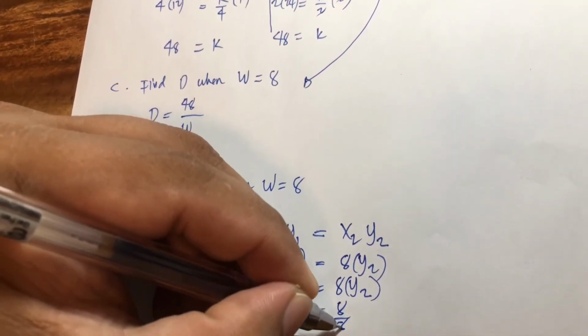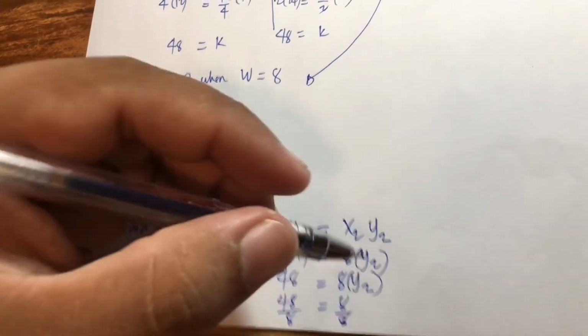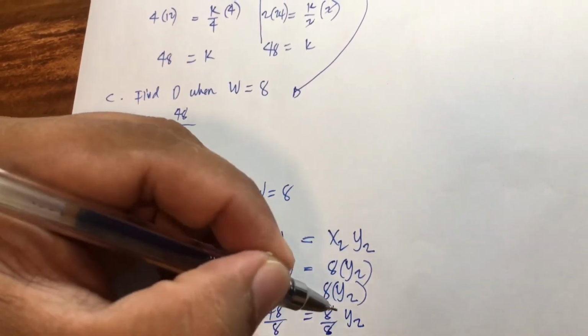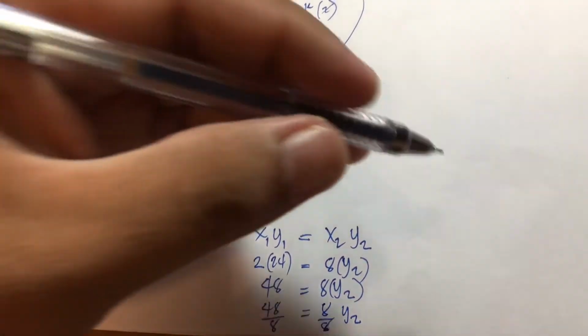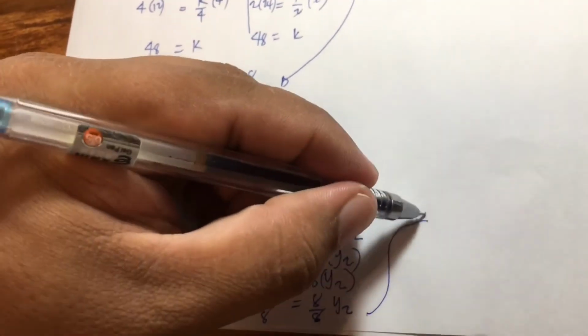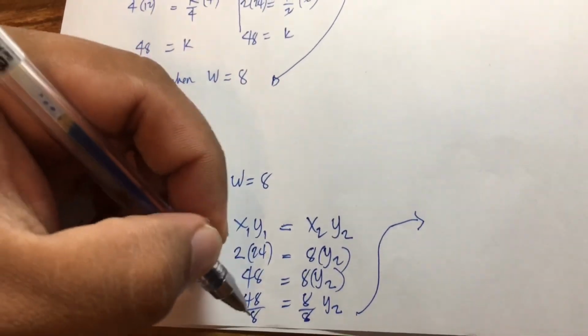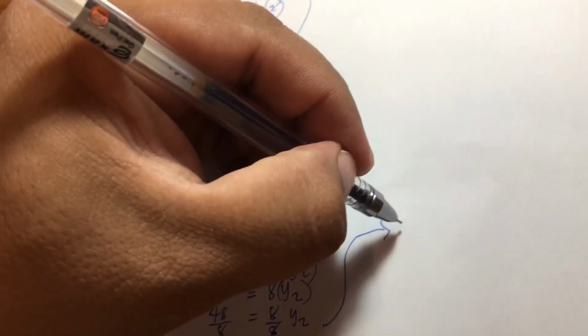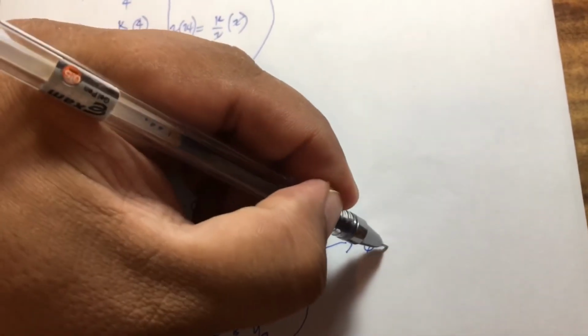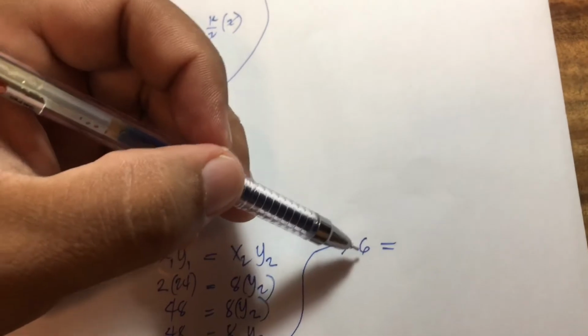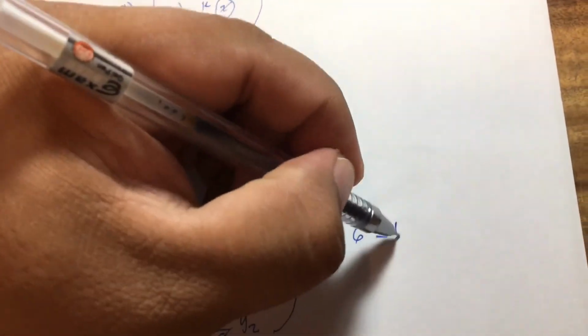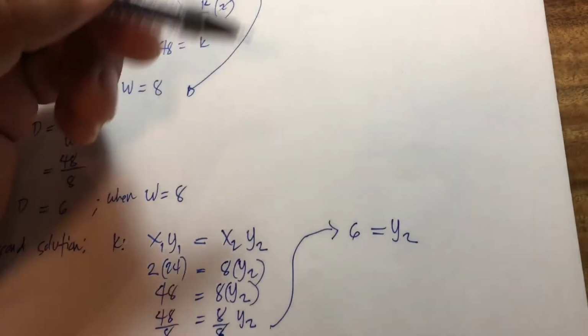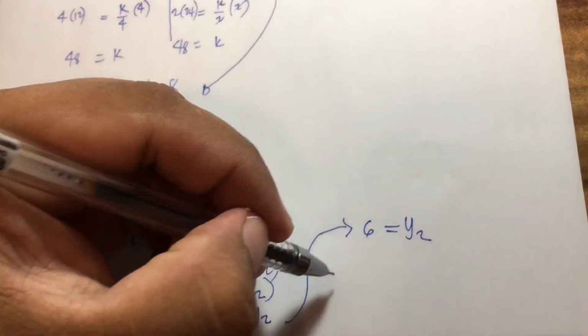Or you can simply multiply both sides by 1 over 8. Y subscript 2. Let's cancel. What is left here is 48 divided by 8. Oh wow, we can still arrive at the value of 6 equals y subscript 2.